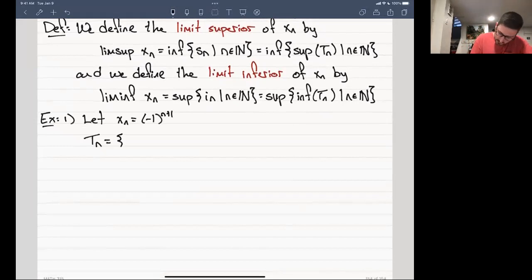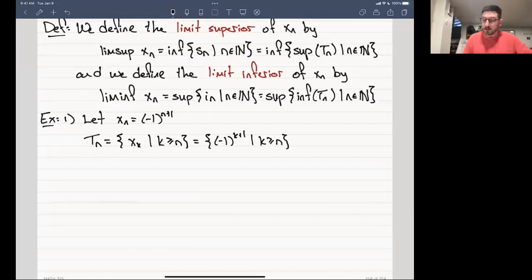Well, this is just the elements of your sequence beyond some value of n, which is clearly just going to be (-1)^k plus 1. It doesn't matter where you look in this sequence because you're alternating between -1 and 1 all the time. There are infinitely many ones, there are infinitely many -1s here.